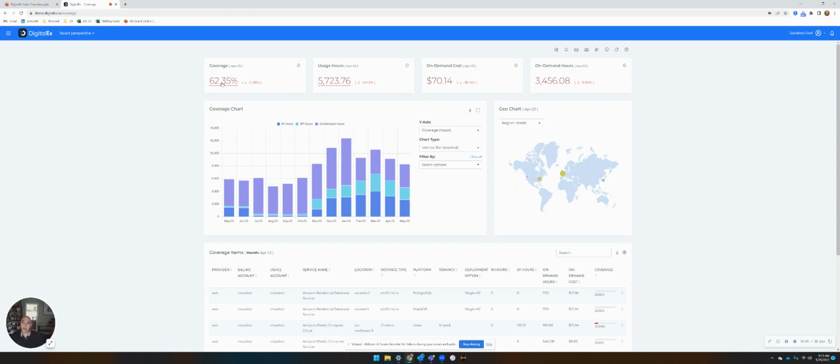If you look here in the upper left, we have a coverage number. Here you'll see 62.35%. Essentially, that number says what percent of the consumption in this demo account is being consumed via reserved instances and savings plans. So 37+% is on demand. In our mind, that's too high. You can look at the consumption over time, and there is some variation, but it's not going 10x month over month.